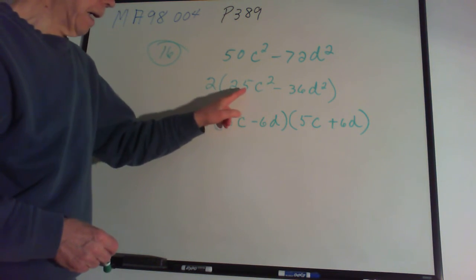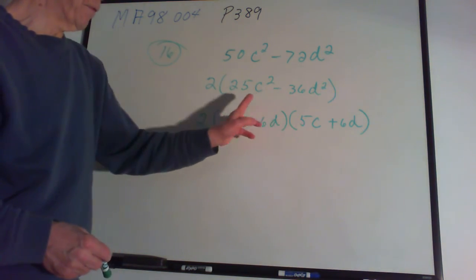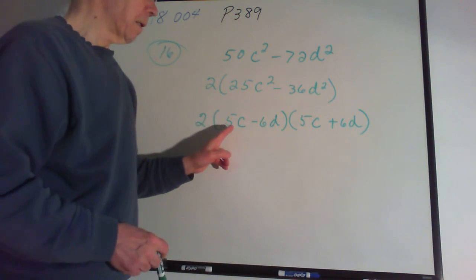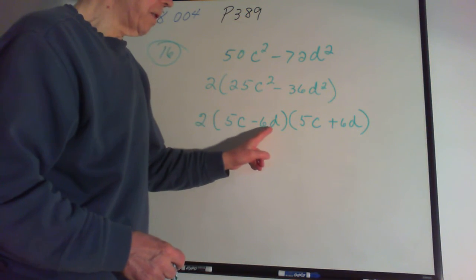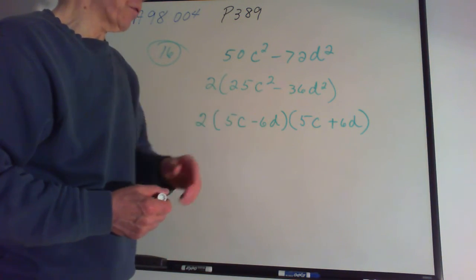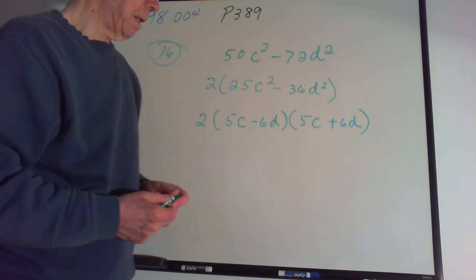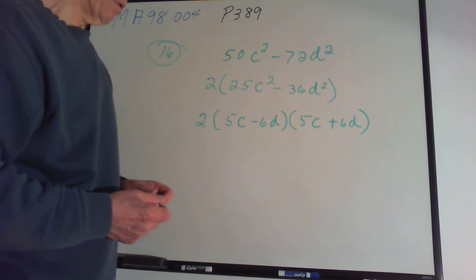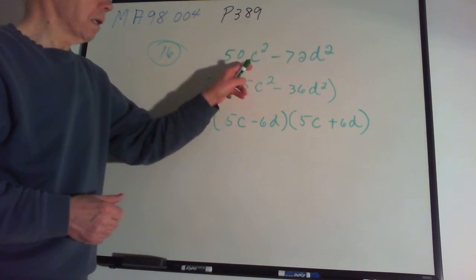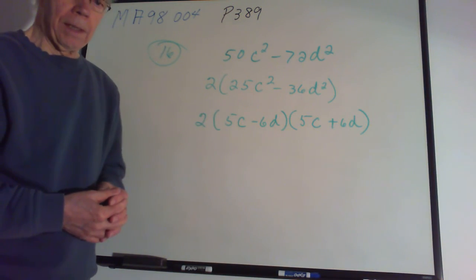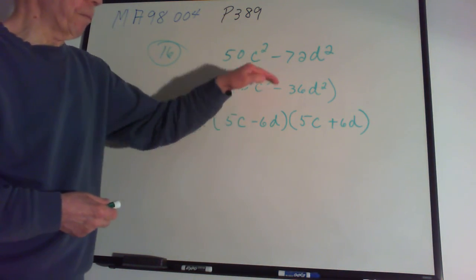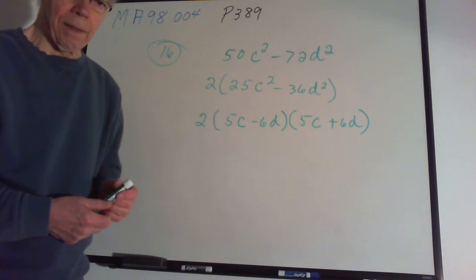Then 5c times 5c gives me 25c squared, minus 6d plus 6d will give me my minus 36d squared. And again, you can multiply it out. You will end up with the original problem. Give it a try if you're struggling with these. If you did not get this answer, go back and multiply it out and try it.